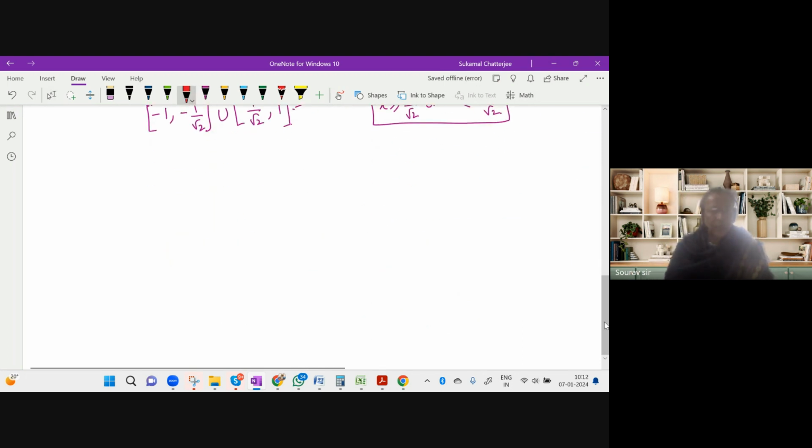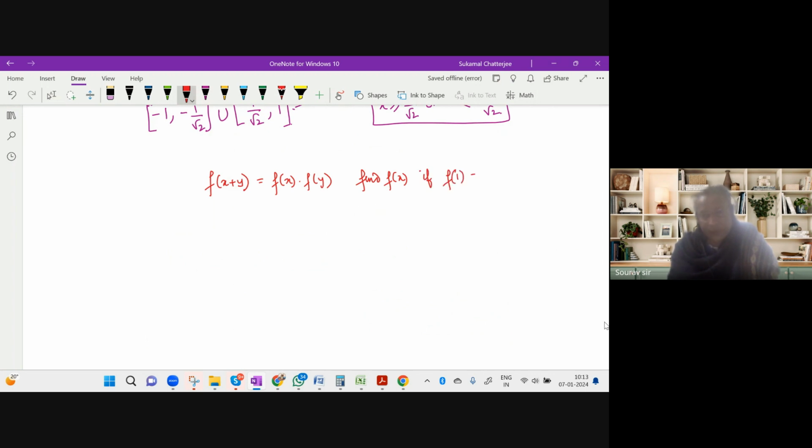Now we come to another type of questions. f of x plus y is equal to f of x into f of y. Find f of x if f of 1 is equal to 2. How will you do this?